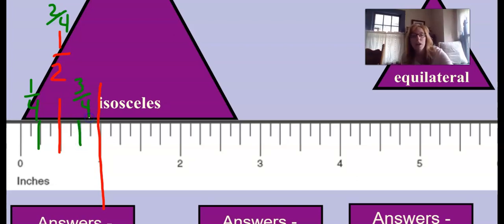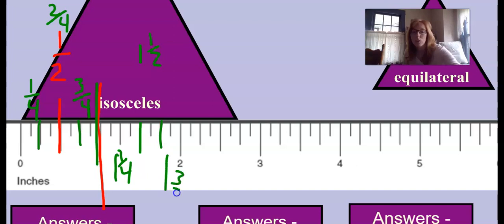And then this would be your whole inch, okay? So then this would be an inch and a fourth. This would be your inch and a half. And then this would be your inch and 3/4. And then this would be your whole inch. So this would be your first inch and your second inch. And we broke those up into quarters. So hopefully you remember that.